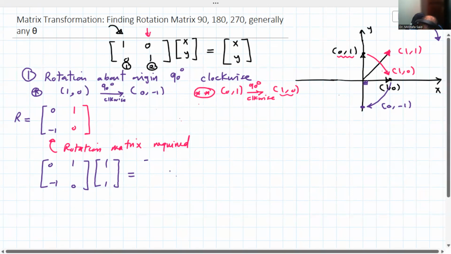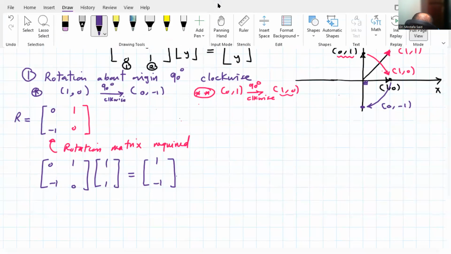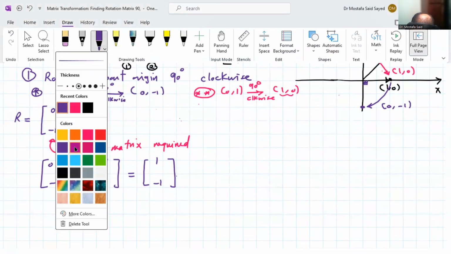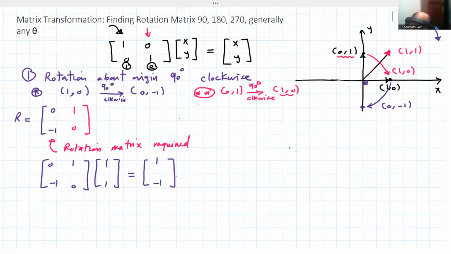When we multiply, the first row, 0, 1 with 1, 1, gives us 1, and the second row, minus 1, 0 with 1, 1, gives us minus 1. So when we do the rotation, let's now do that here with another color, like green.